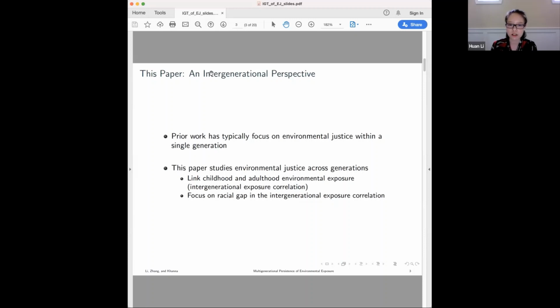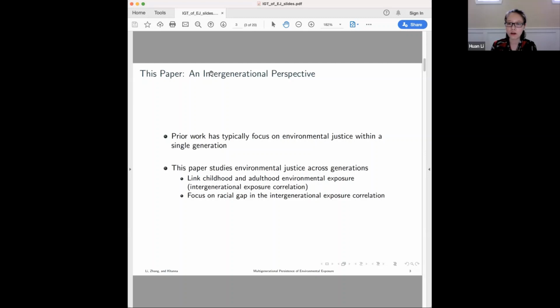The idea is very simple. We try to link everyone's childhood environmental exposure and their current environmental exposure, and look at whether there is a high correlation. Do you still end up in a similar environment? This is actually the background of this paper. Our main focus is to look at this correlation and establish this phenomenon using several decades of data.